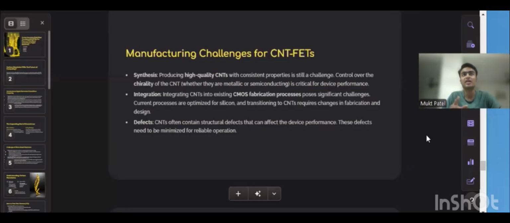Integration: integrating CNTs into existing CMOS fabrication processes poses significant challenges. Current processes are optimized for silicon, and transitioning to CNTs requires changes in fabrication and design. And there are the defects. CNTs often contain structural defects that can affect device performance. These defects need to be minimized for real-world operations.